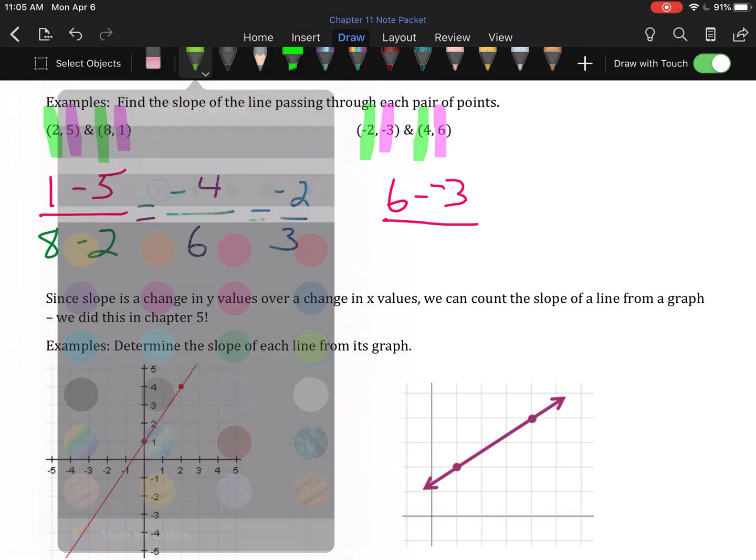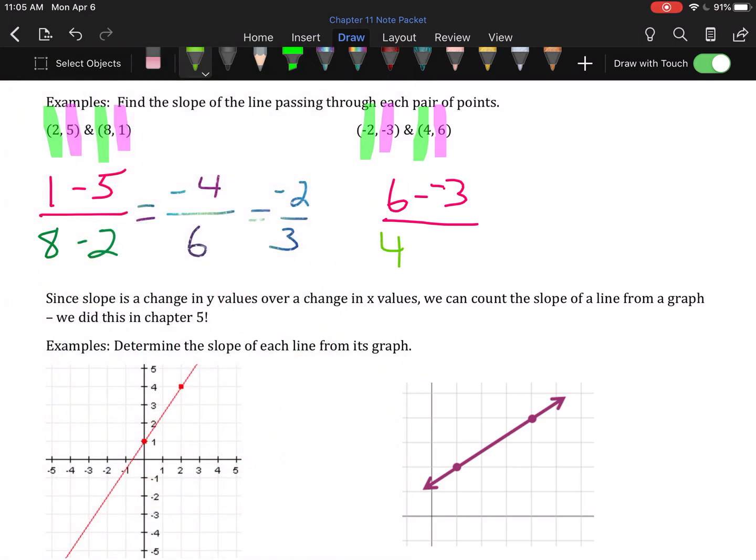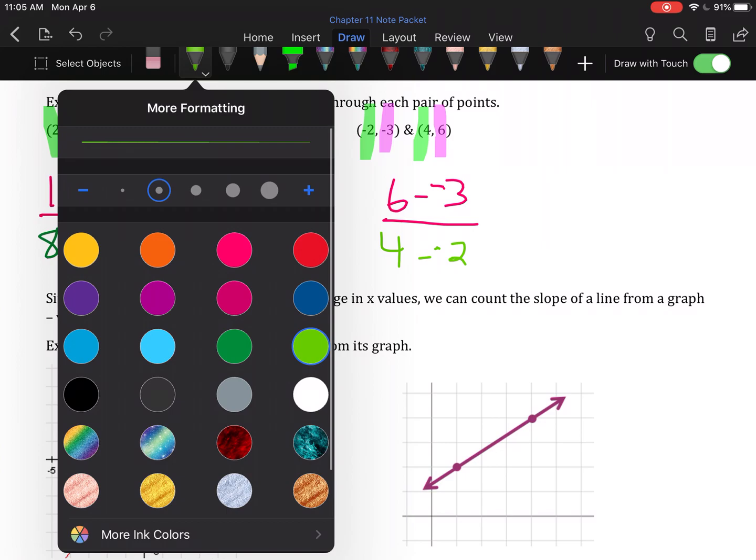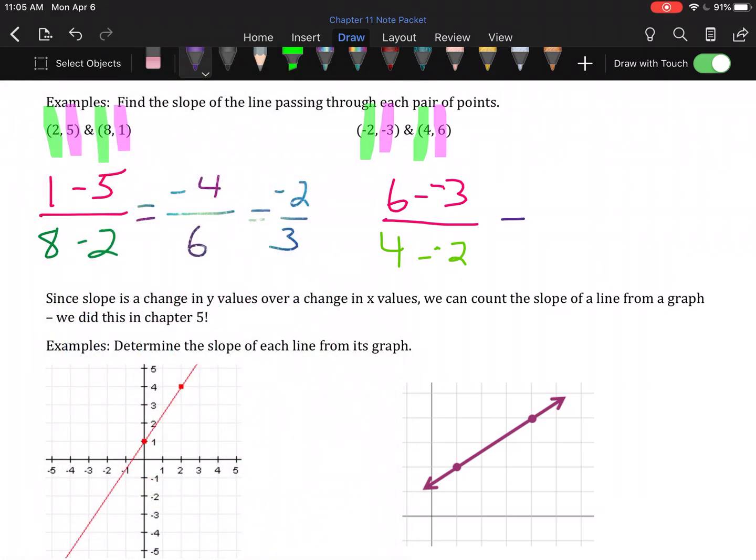And in the denominator, I'm going to have 4 minus negative 2. And I hope most of you are cringing when you look at this and going, Mr. Noy, no, we don't do minus negative. You're right, we need to change those to pluses. So we really have 6 plus 3 over 4 plus 2.